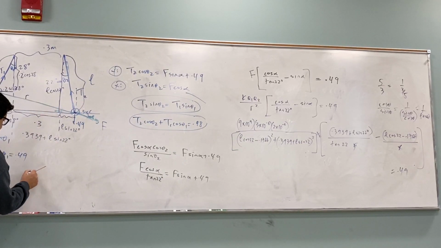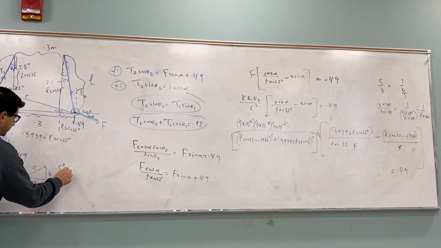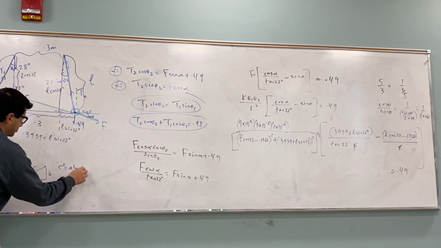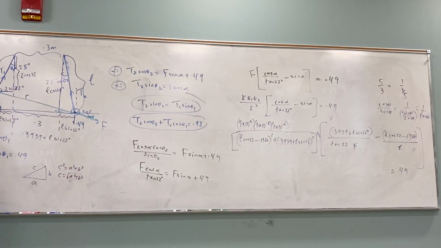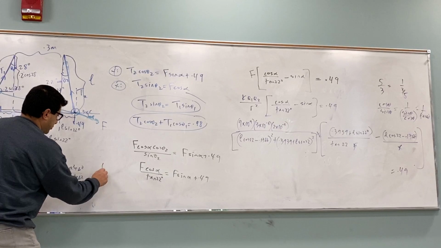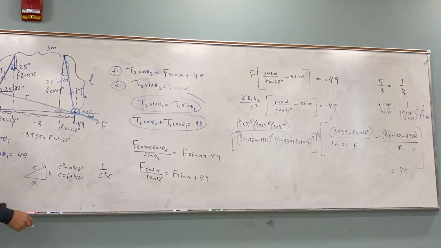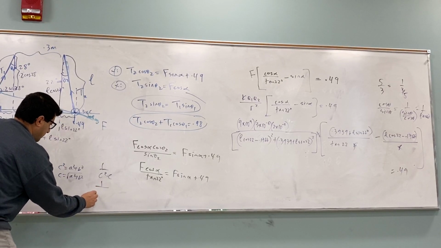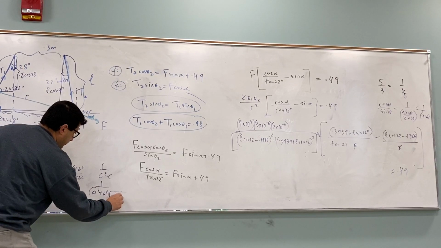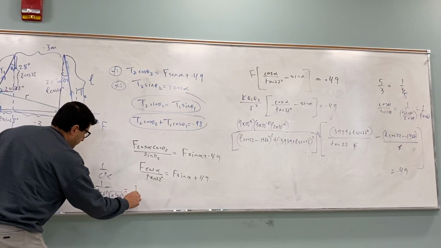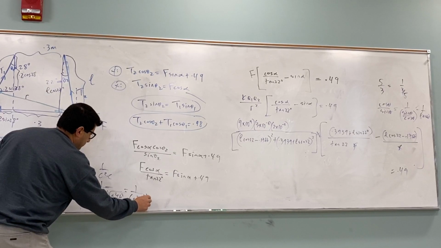Let's say you've got a, b, c. C squared is equal to a squared plus b squared. C is equal to the square root of a squared plus b squared. So now if I have 1 over c squared times c, then you're going to have 1 over a squared plus b squared times the square root of a squared plus b squared, and that's going to be 1 over a squared plus b squared to the 3/2.